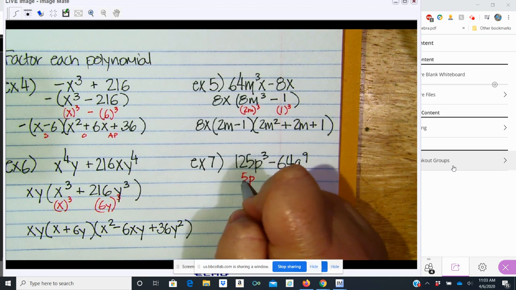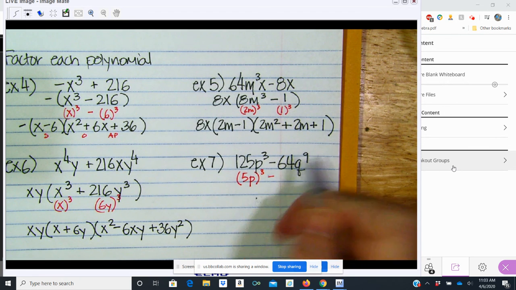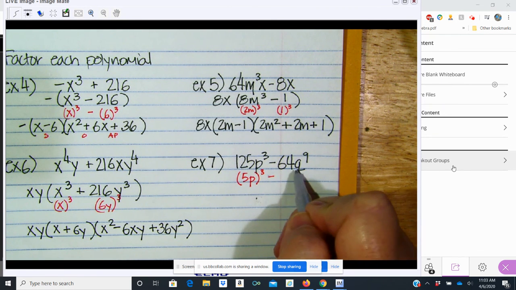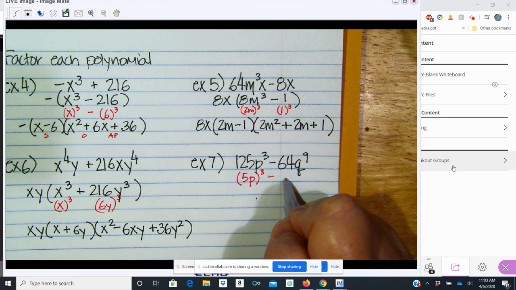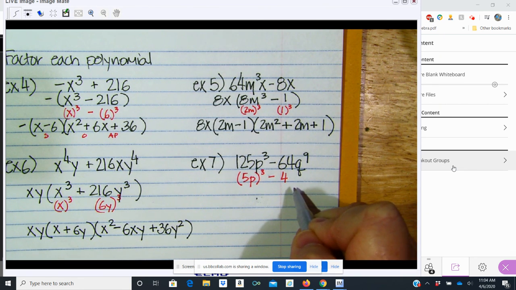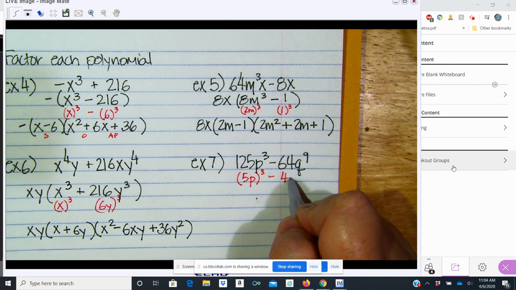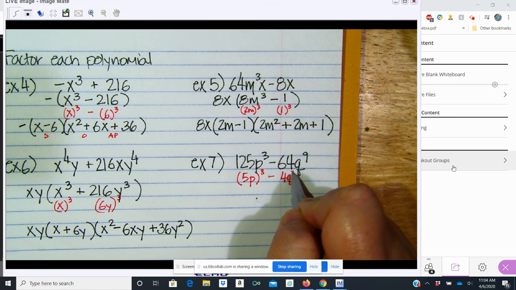So it's going to be a 5p cube. Is 64 a perfect cube? There you go. What about q to the ninth? Not 2, but it's q to the third.